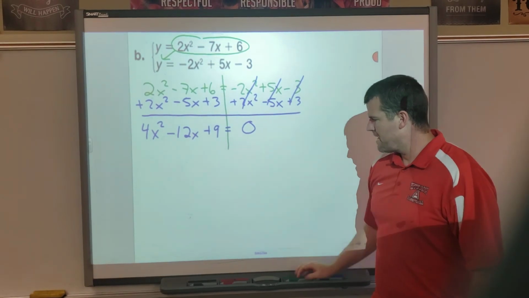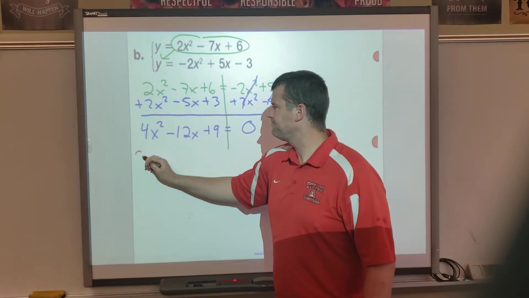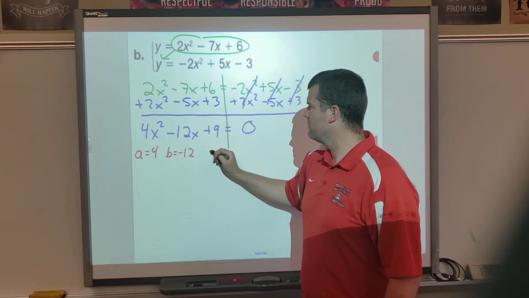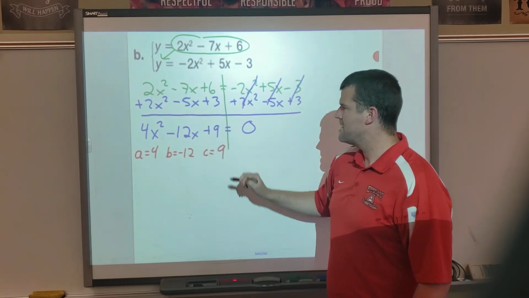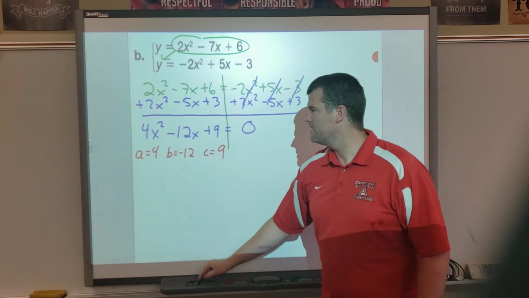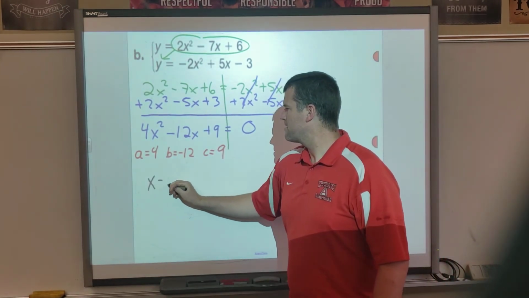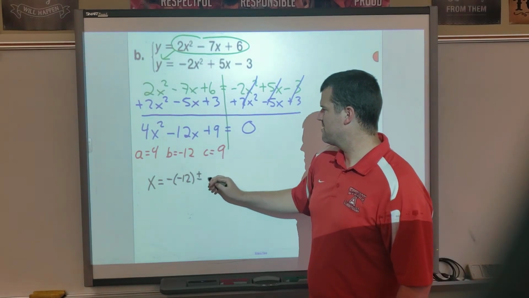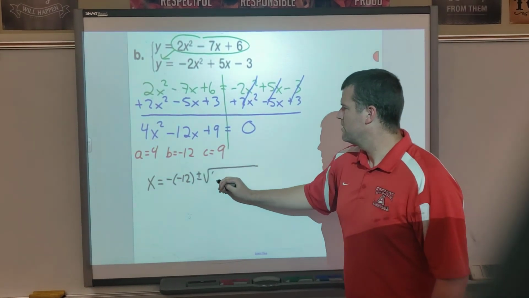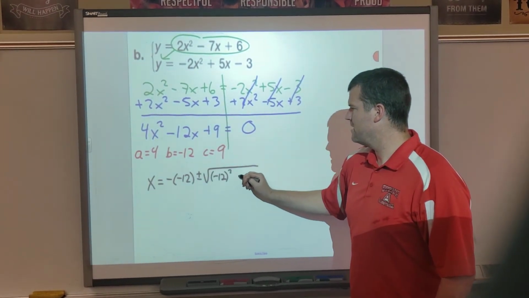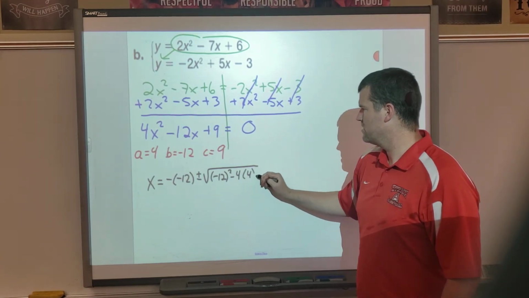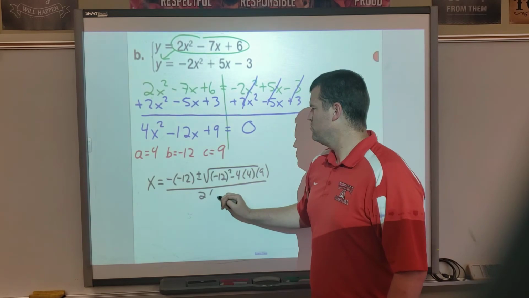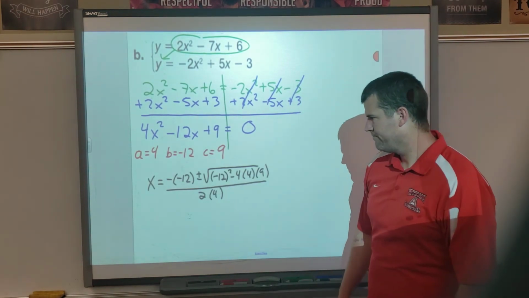And we are right back to our quadratic formula. A equals 4, B negative 12, C equals 9. Plug it into the formula. X equals negative negative 12 plus or minus the square root. Negative 12 squared minus 4 times 4 times 9 all over 2 times 4.